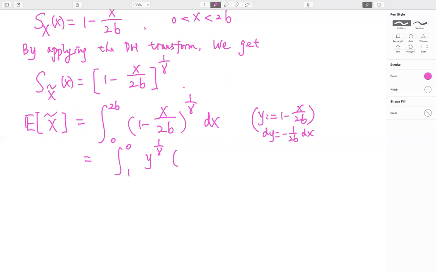So that means I have negative 2b dy. So let's put this in front and cancel the negative. We flip the order of the integral. Then it's very simple. You get the result very quickly.